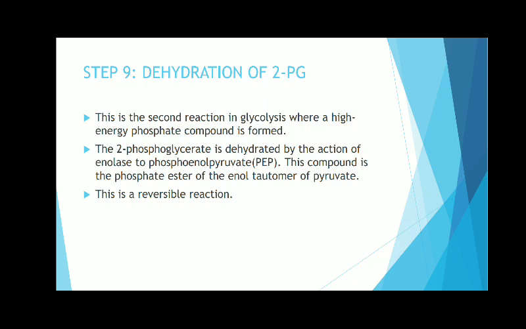This compound is the phosphate ester of the enol tautomer of pyruvate, and this is a reversible reaction. So basically step 9 of glycolysis is dehydration of 2PG, and this is the second reaction where the high energy phosphate compound is formed, and the compound is the phosphate ester of the enol tautomer of pyruvate.